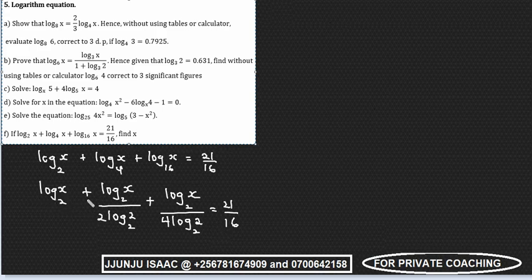You can see log base 2 of x is common, so here I'll be having 1 plus 1 out of 2, because log base 2 of 2 is 1. Even here we get 1 out of 4, equaling 21 out of 16.